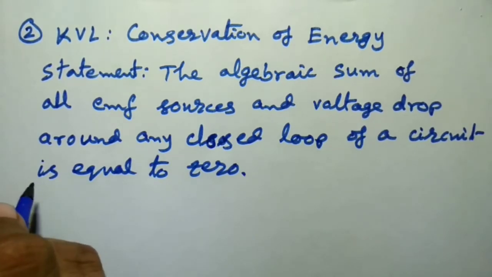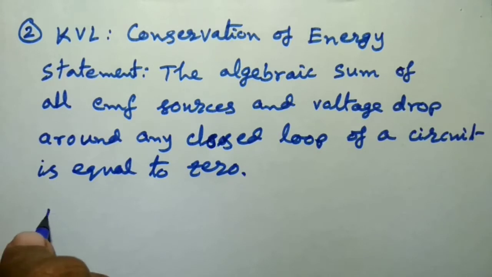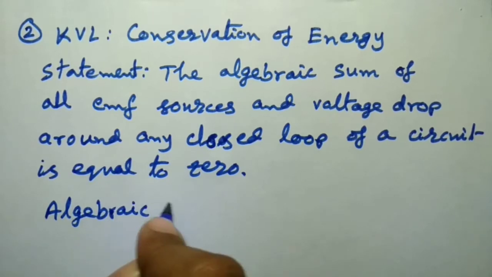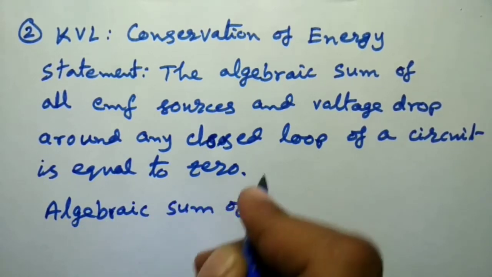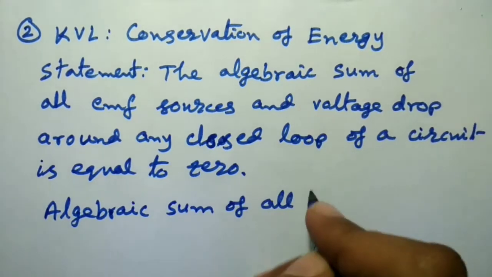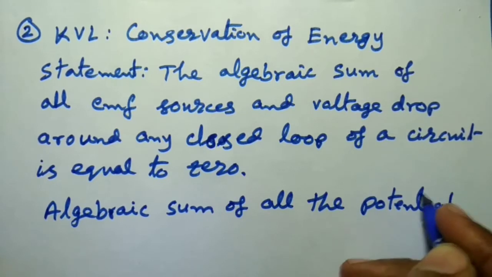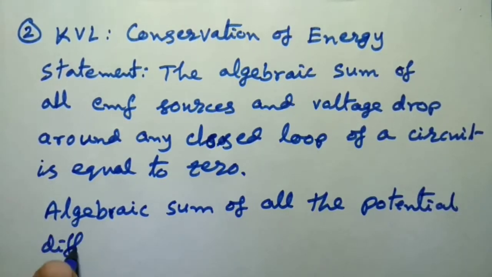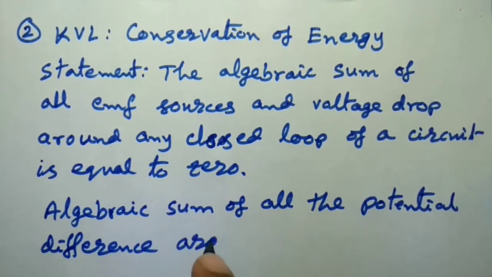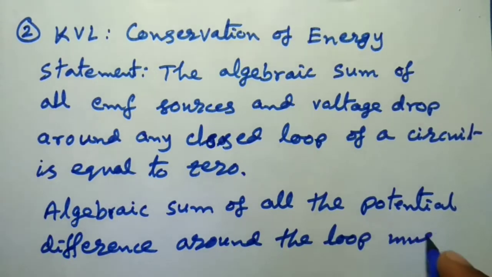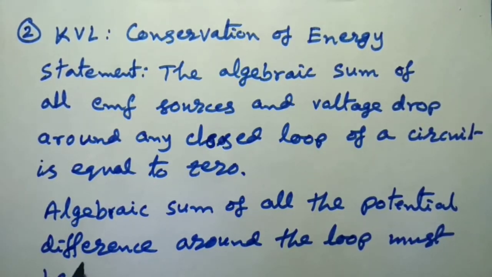In other words, we can say the algebraic sum of all the potential difference around the loop must be 0.